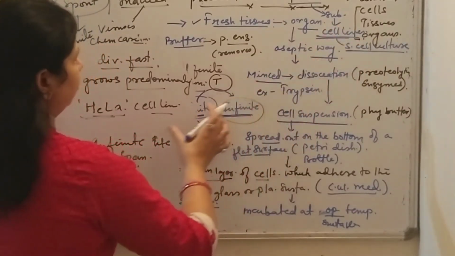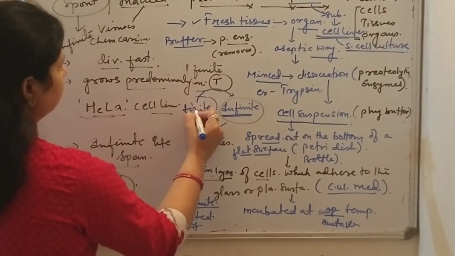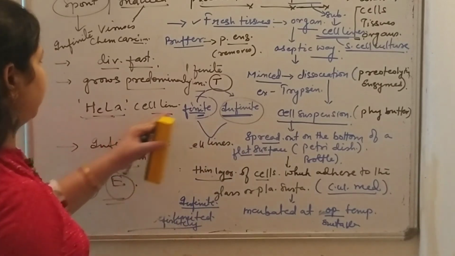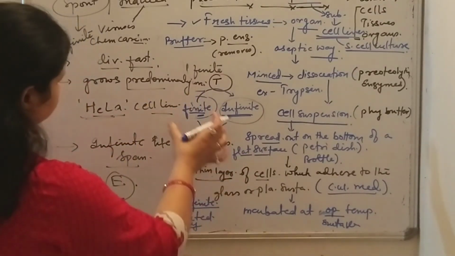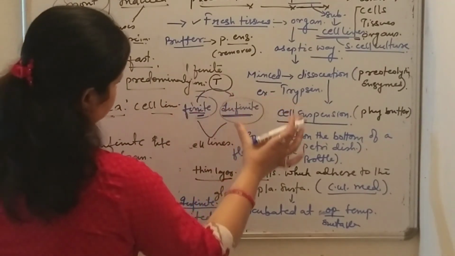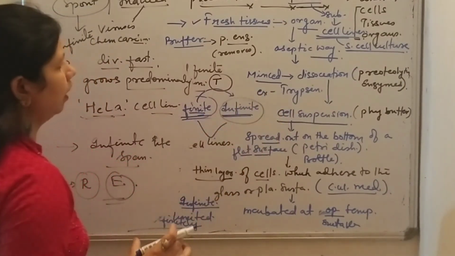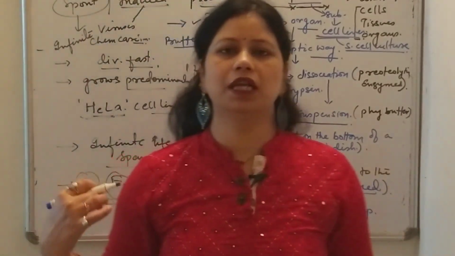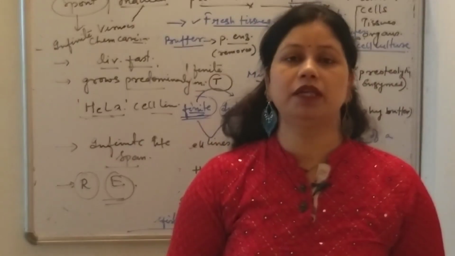Cell lines can be of two types, finite and infinite. So these are the characteristics of finite and infinite I have discussed today. This is all about the primary cell culture and the process of obtaining it.